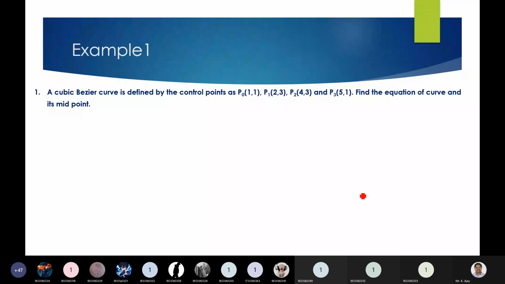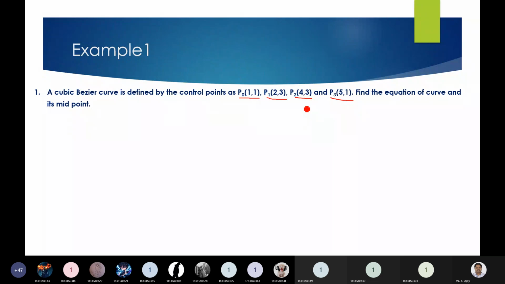A cubic Bezier curve is defined by control points. Here, 4 control points are given: P0 (1, 1), P1 (2, 3), and so on. The z coordinate is not given, which means the entire Bezier curve lies in the xy plane. So no need to give any z coordinate.